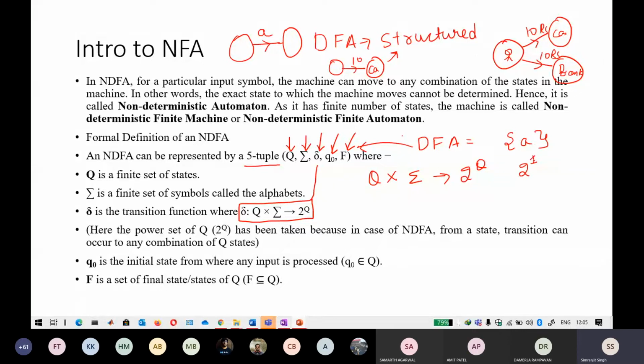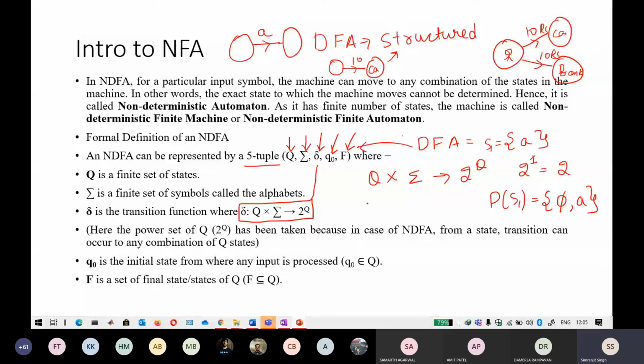The number of elements here is 1, so the power set contains 2 elements. For a set like this, the power set will contain the empty set and the complete set. So the power set here is 2 raised to the power Q.